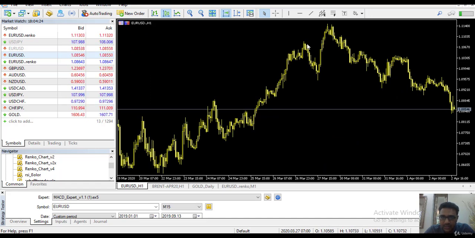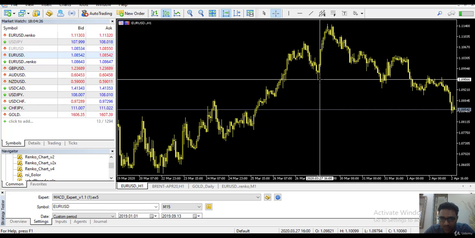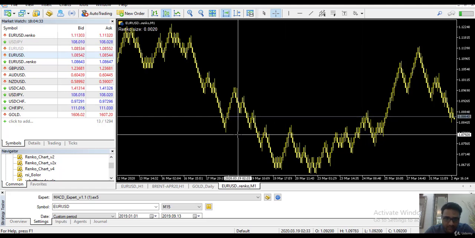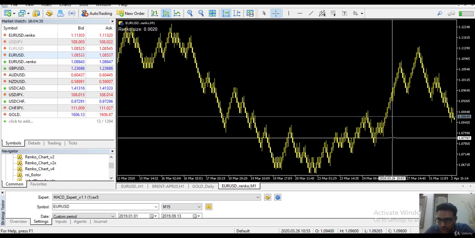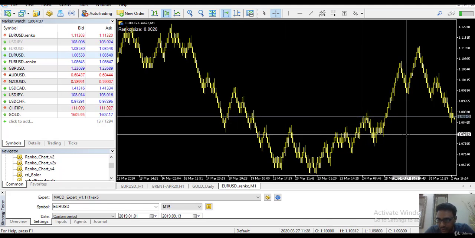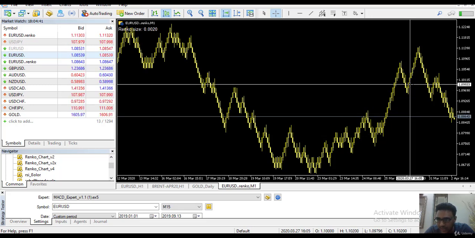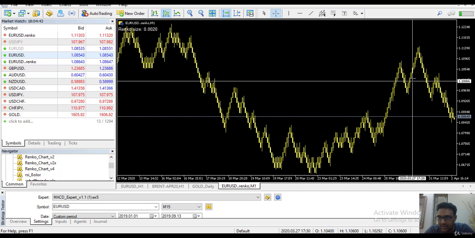Let's move and watch the other candle we used to look at. We were looking at this area. This was 27th of March, 5 p.m. Yes, I think this is the area. This is the one.